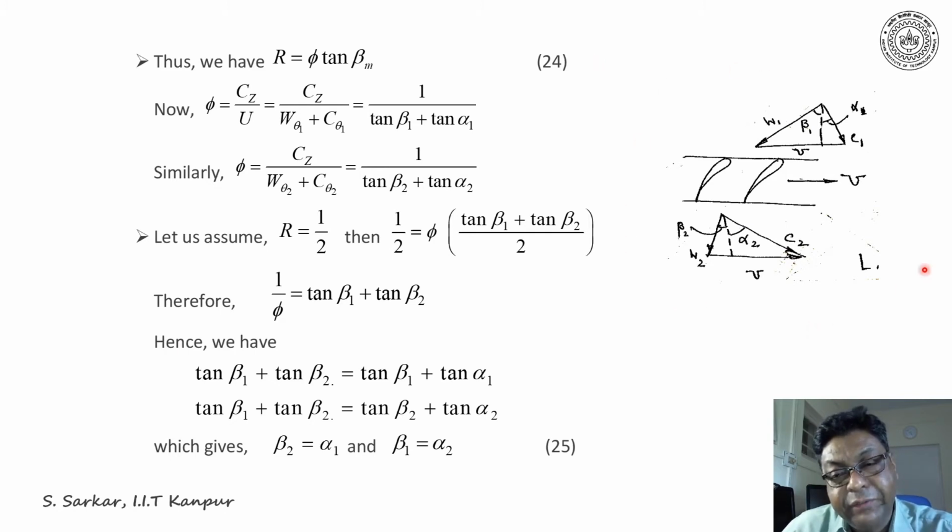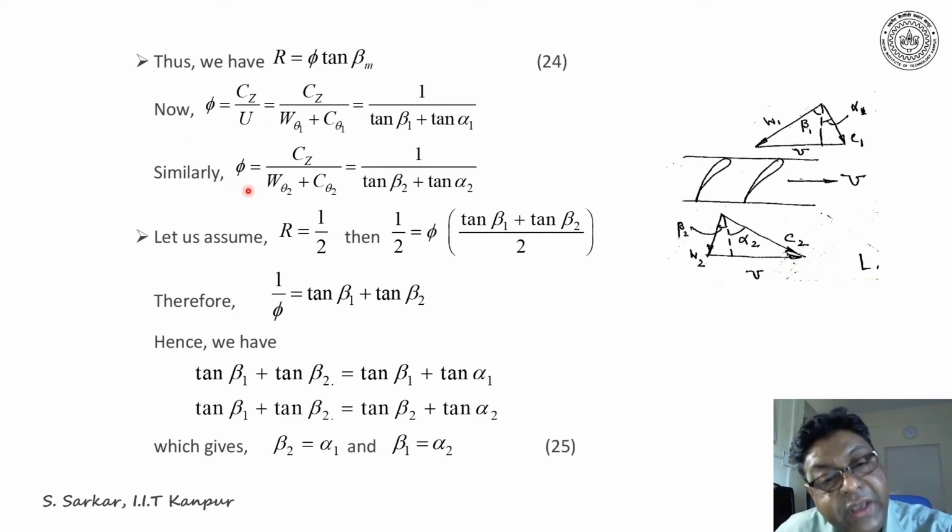I have projected as before the inlet and exit velocity triangle of a rotor. Now I can write flow coefficient phi as Cz by U. U, the blade speed, can be written as W theta 1 plus C theta 1. Now using the velocity triangle, the phi would be 1 divided by (tan beta 1 plus tan alpha 1).